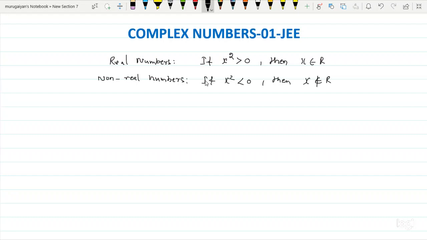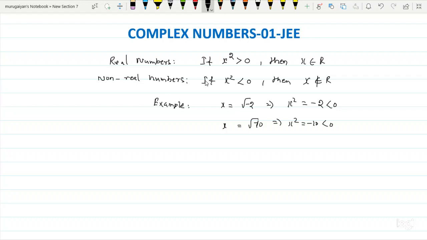For example, if we take a number x equal to root of -2, then the square of the number is -2, negative. If we take x equal to root of -10, then the square of the number is -10, negative.